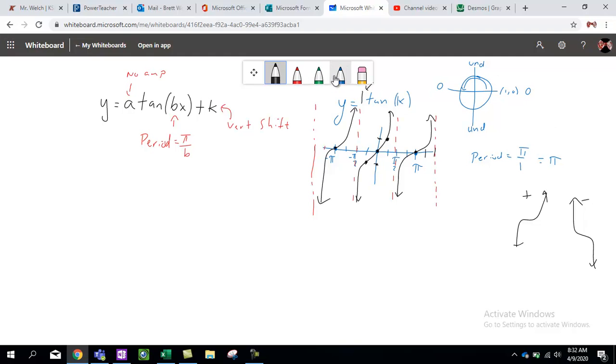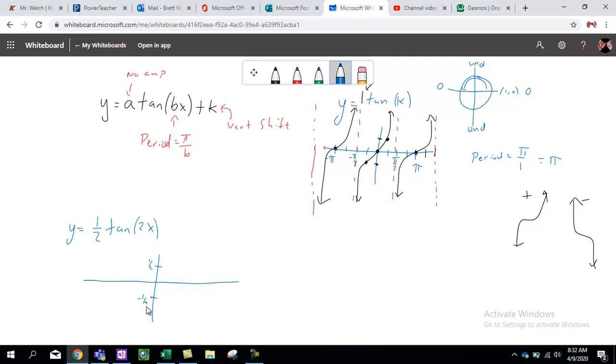So let's look at an example. Let's say we have y equals 1/2 of tangent of 2x. We'll just do that one. All right, so the first thing, I'm going to create my graph. 1/2 means that this will be 1/2 here, and this would be negative 1/2.